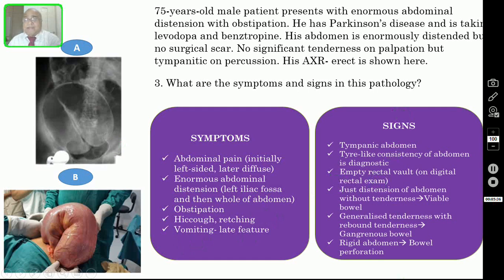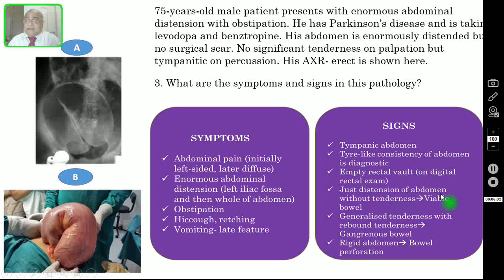So coming to the signs, if you percuss the abdomen, it is tympanic because this enlargement contains a lot of gas inside, and the tire-like consistency of the abdomen is very classical, and it is diagnostic. If you do PR, that is per rectal or digital rectal exam, there is empty rectal vault.